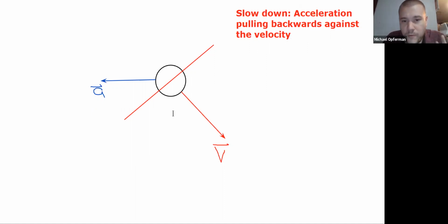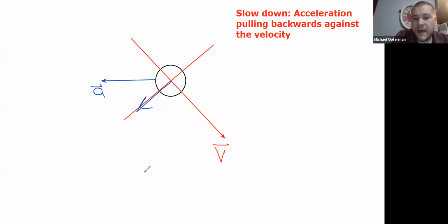And then in terms of turning, you can see that if I think about the other dimension of this, the acceleration is pulling towards the down and left area. So the part of the acceleration which is perpendicular to the path is going in that direction.